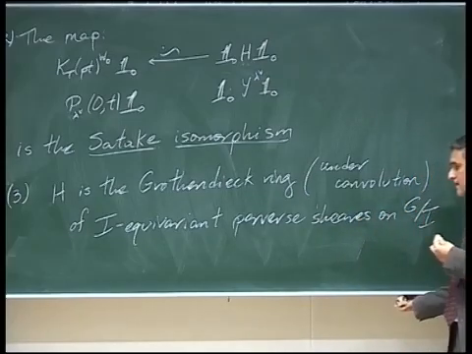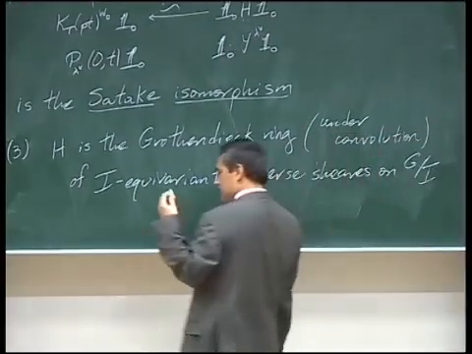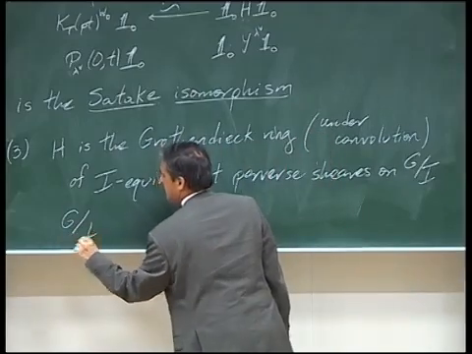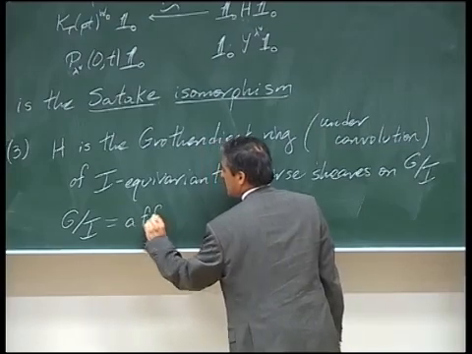So I'm using exactly the notation that I had 2 days ago. So G mod I is equal to the affine flag variety.